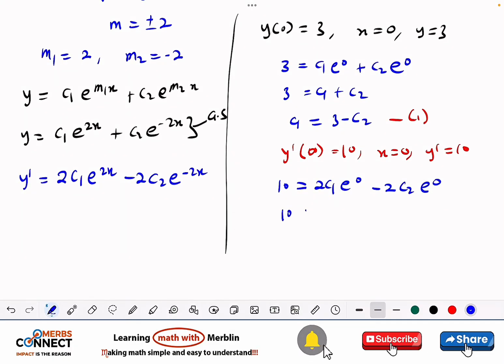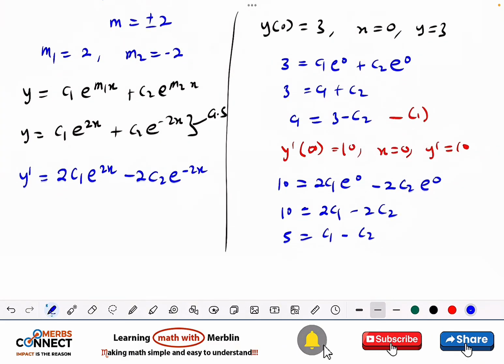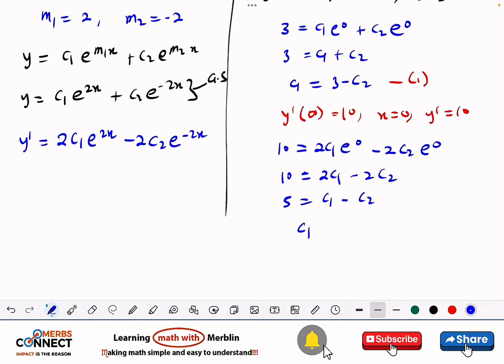So this is 10 is equal to 2c1 minus 2c2. Let's divide through by 2 and we are going to have 5 is equal to c1 minus c2. Let's make c1 the subject. c1 will be equal to 5 plus c2. Let me call this one equation 2.